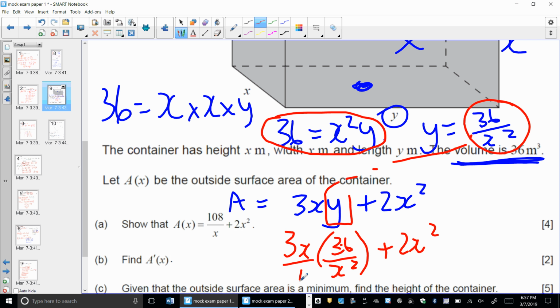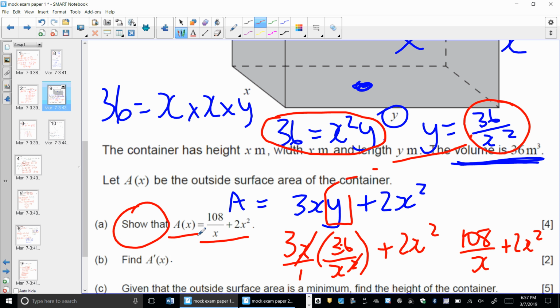This is over 1. So we've got x on the top and x squared on the bottom, so that cancels. 3 multiplied by 36, that's 108 over x plus 2x squared. So there we go, we've shown that that's an expression for the surface area.